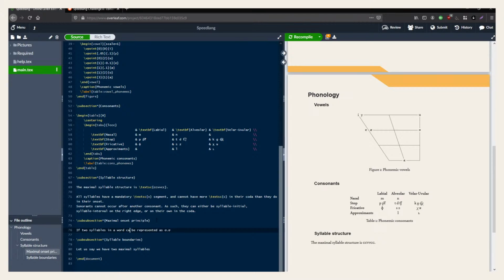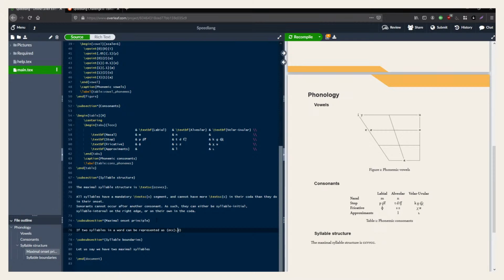I'm going to have to do some fancy notation here, I think, and I'll do the fancy notation later. But for now, I'm going to use that for syllables. This is not what I wanted to do.